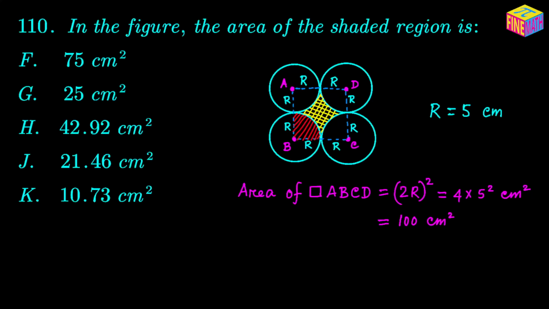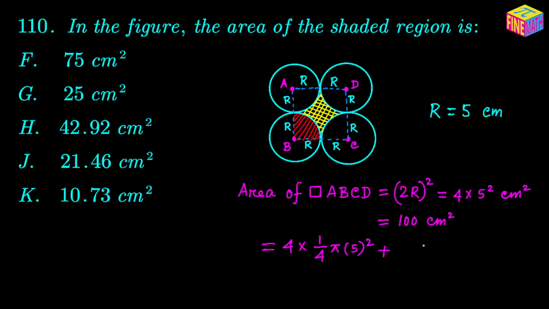So that is 1 quarter of a circle, and similarly we have 4 of them, 4 quarters of a circle plus the yellow shaded region. That is the whole area of the square, right? So we can say that this must be equal to 4 times 1 quarter of the area of each of those circles, so 4 times 1/4 of pi times 5 squared, and then plus the yellow shaded region.